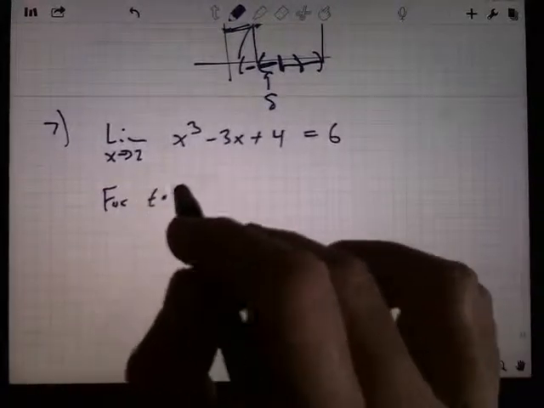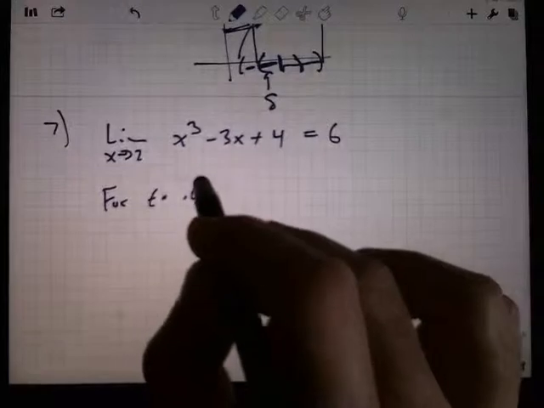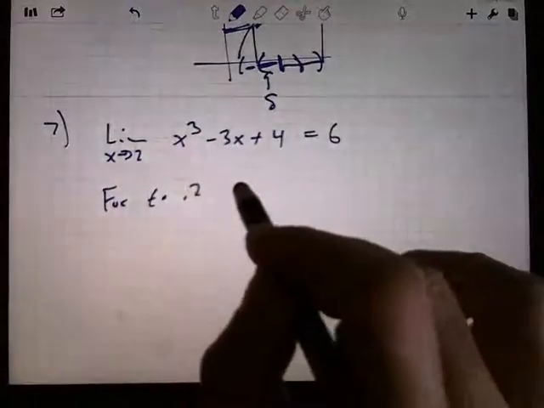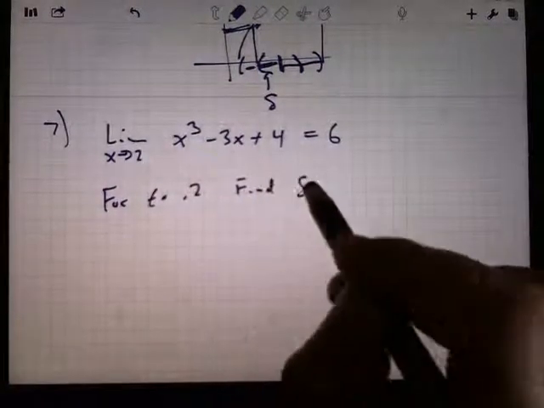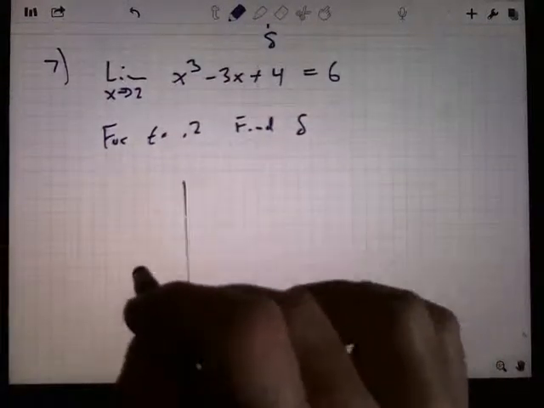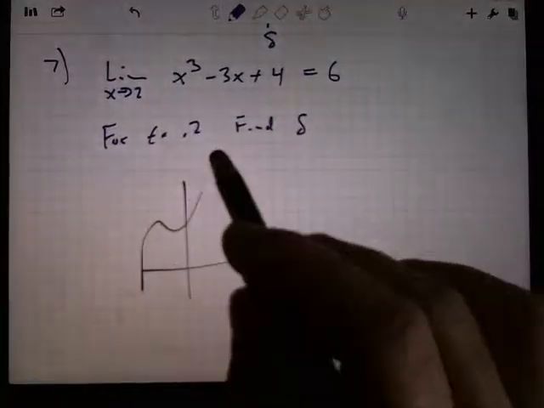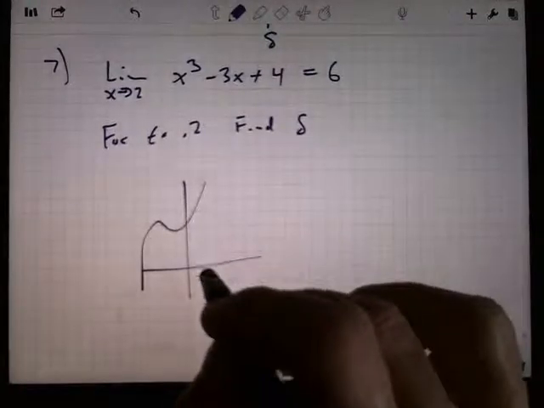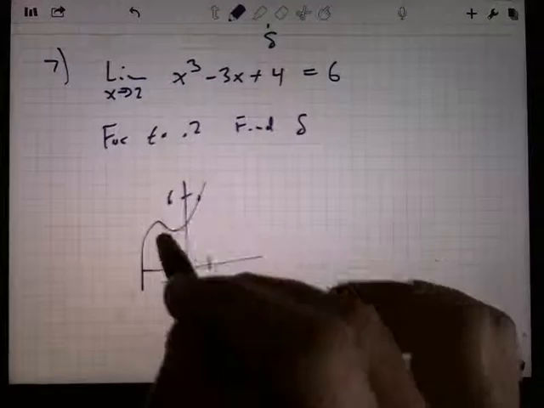For epsilon equals 0.2, not 0.02, I want to find delta. I've got this function here, and supposedly I'm plugging a 2 in here and getting 6.